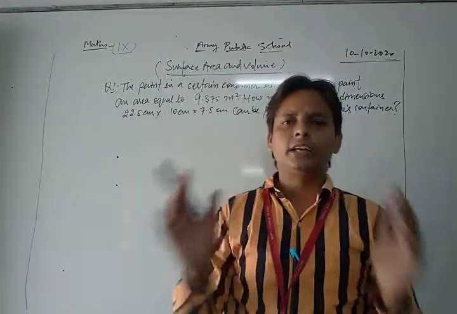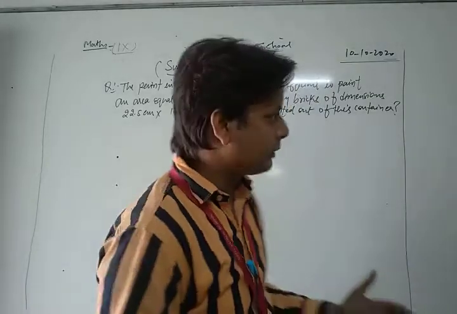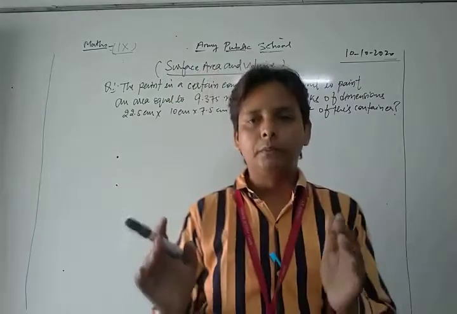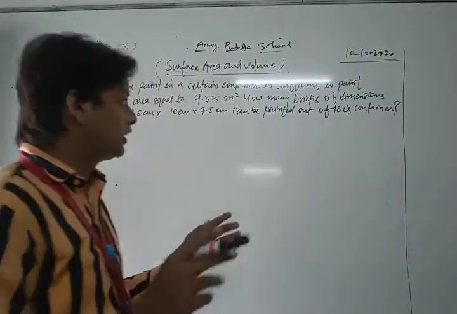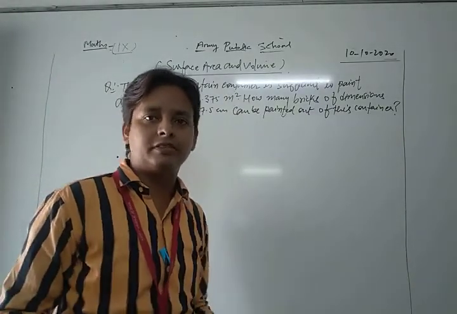It means that in this question, dear student, we find the number of bricks. So in this type of question, first of all we find the total surface area of one brick. After that we can find the number of bricks easily.